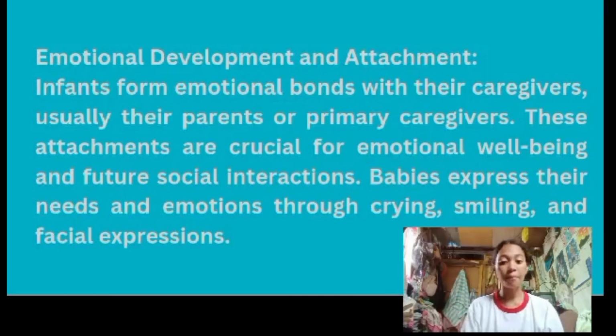When that scene happens, it is probably because she is hungry, sleepy, or her diaper is full, and other causes. When we talk about emotional bond, it is the bond you make from your sisters and brothers when we are infants or they are infants.